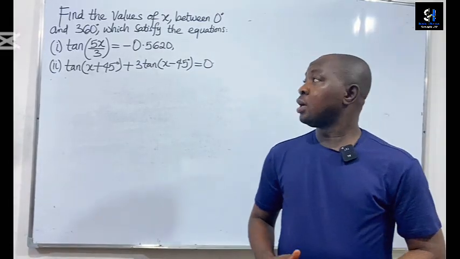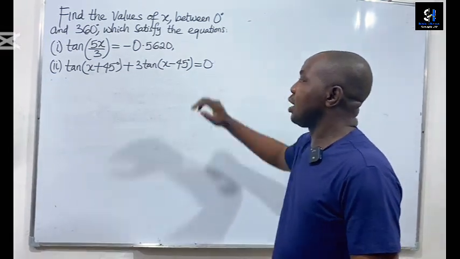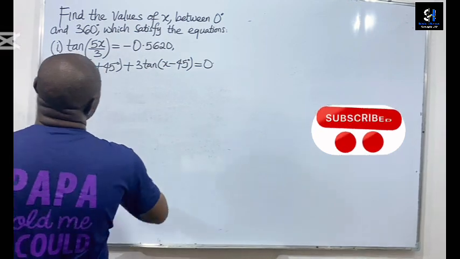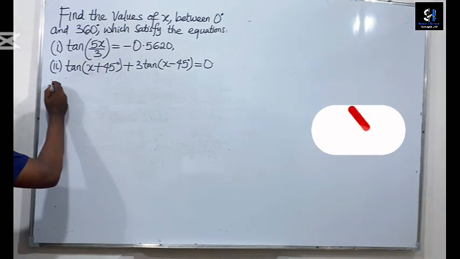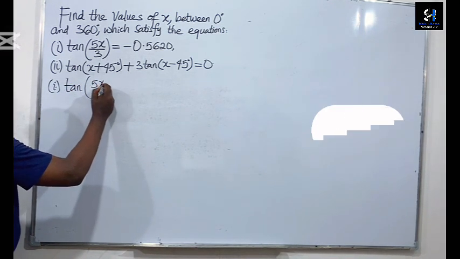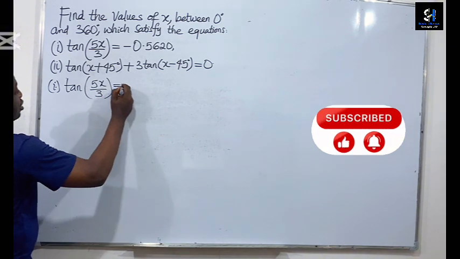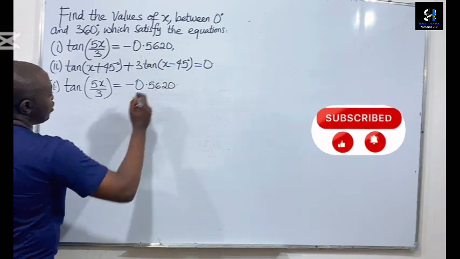Hello everyone, let's find the values of x between 0 degrees and 360 degrees which satisfy the equations. The first equation, Roman numeral 1, is tan of 5x over 3 equals minus 0.5620.